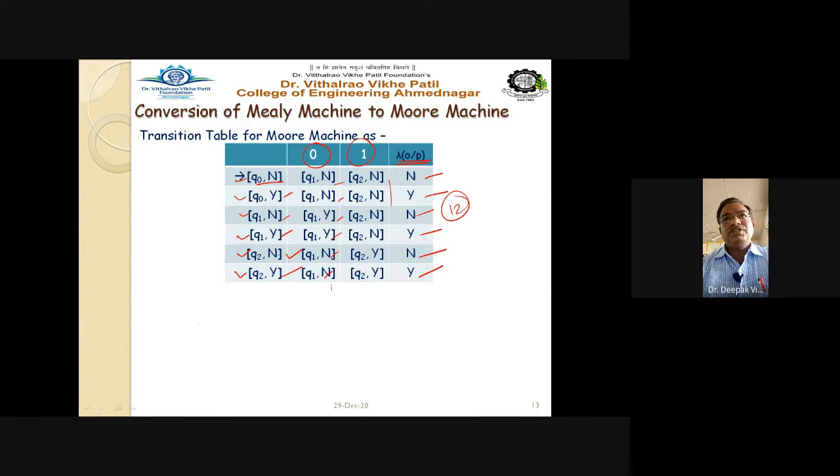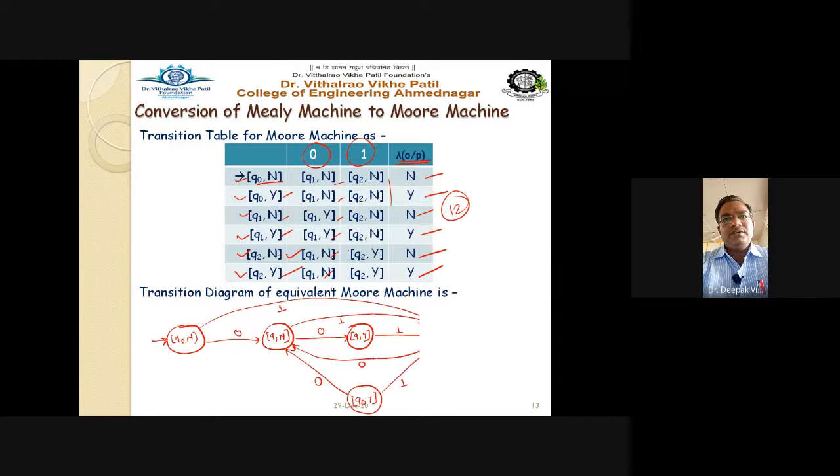So from this transition table, the transition diagram is drawn like this. The transition diagram of the equivalent Moore machine can be drawn as Q0N, Q1N, right?